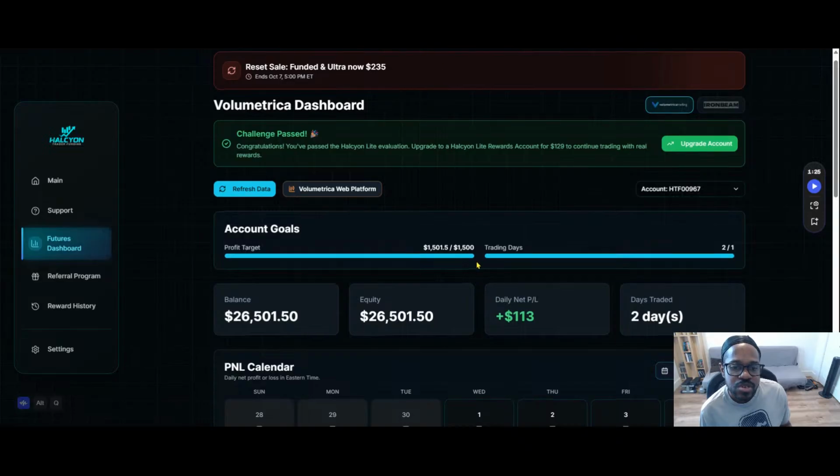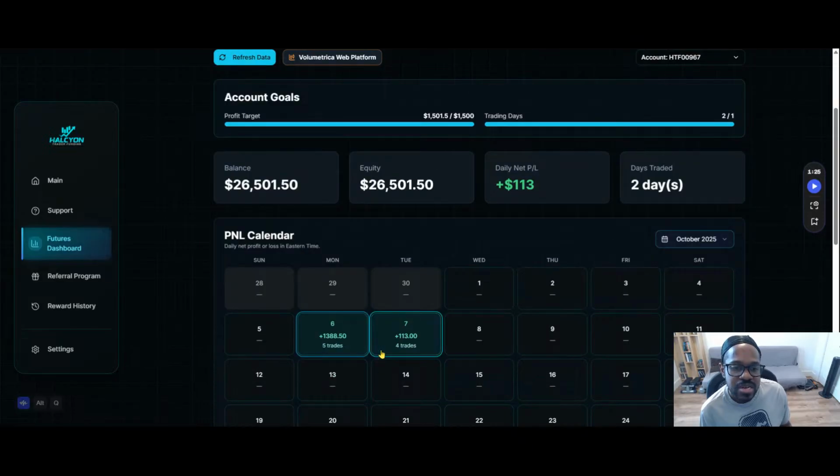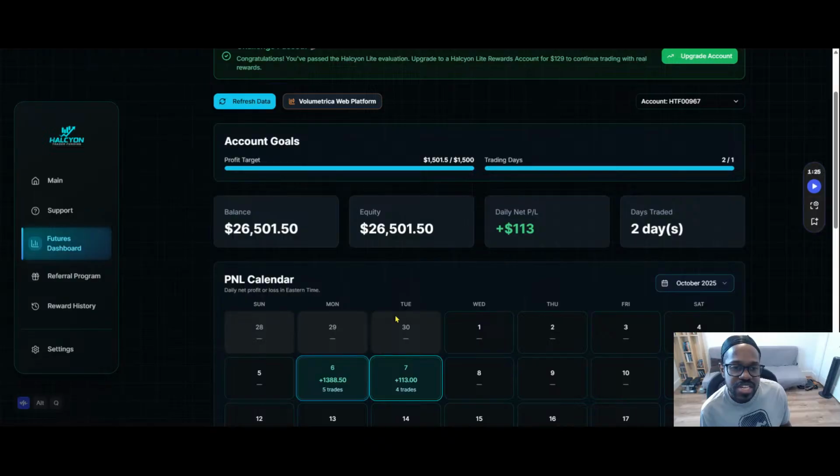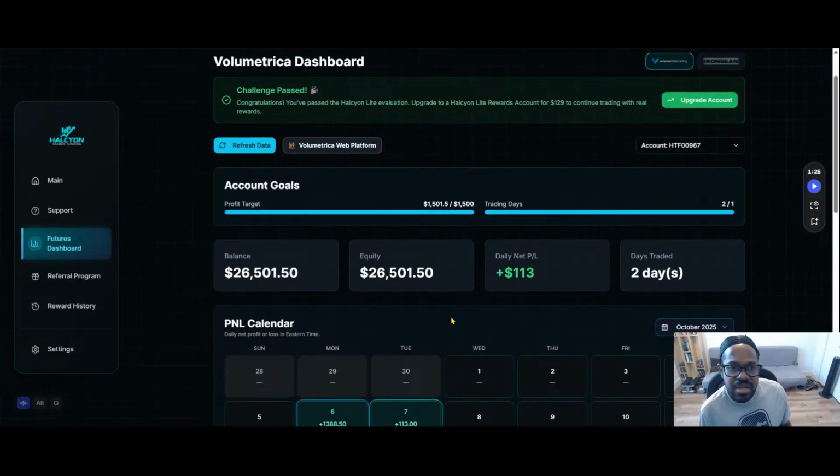If you go back to the New York session yesterday, that trade that we took on US30 was a big winner. I did a small scalp here for a buy at the top, and then took that sell off that big sell candle on US30. And as you can see, it says that I passed it right there in 2 days.